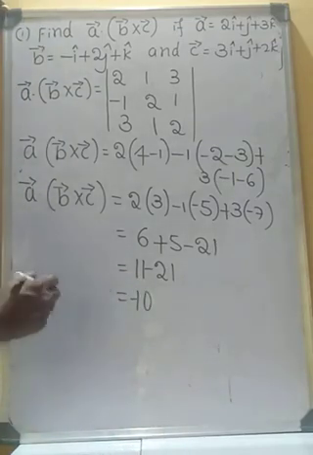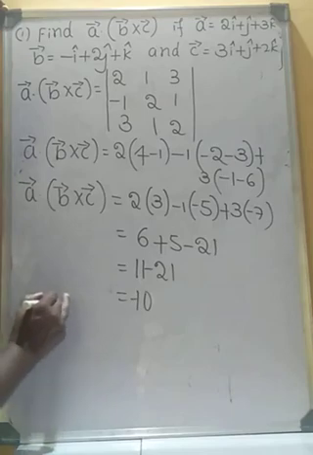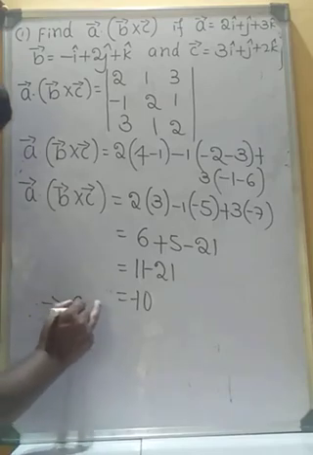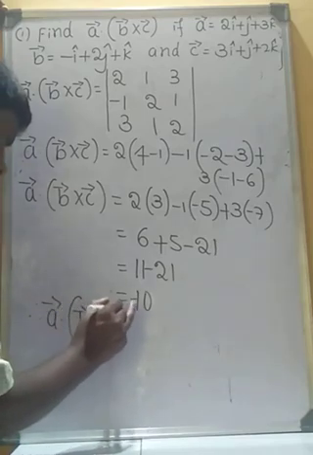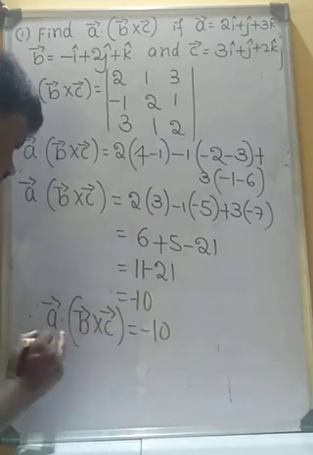So therefore A dot B cross C is equal to minus 10.